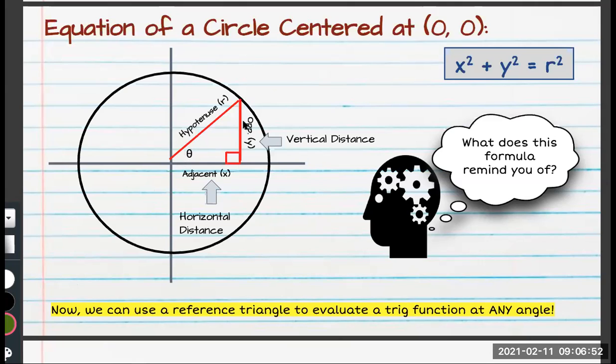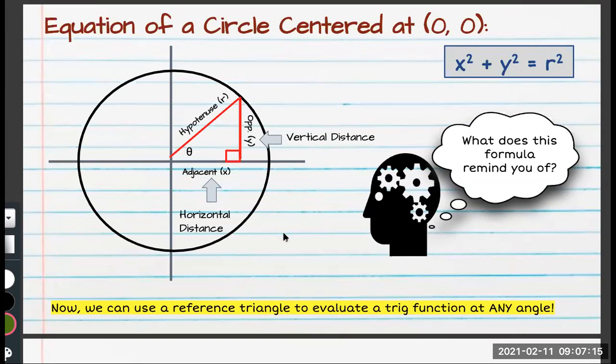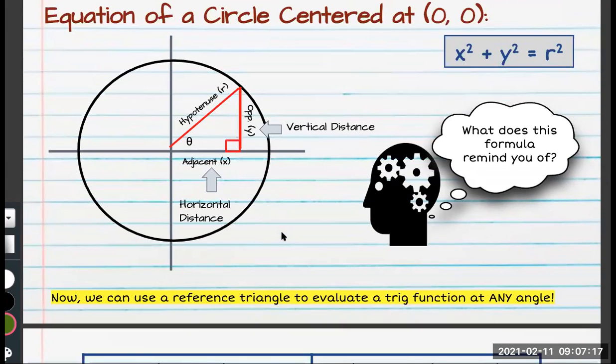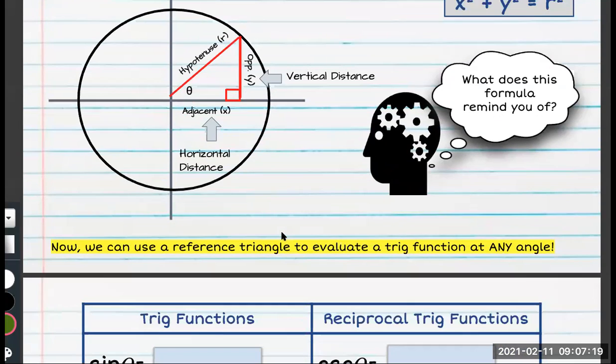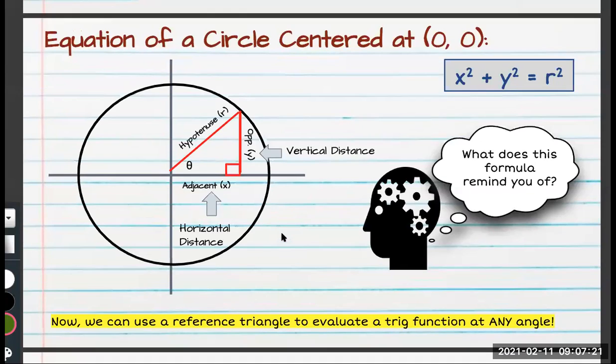This distance here, which is y, is the opposite side of the angle. We call this the central angle. And the distance x is the adjacent side, okay? So we can use the reference triangle to evaluate the trig functions of any angle.